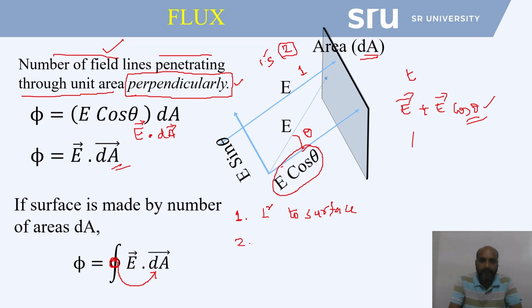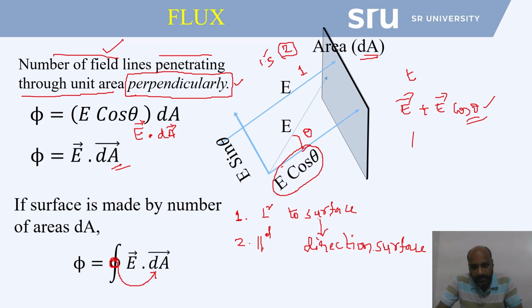Another way is parallel to, of course, the surface, but it should be parallel to the direction of the surface. So what is the difference between these two? All this explanation is through this first point, the direction of the surface.